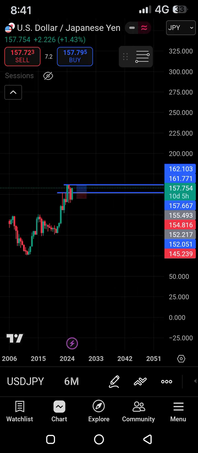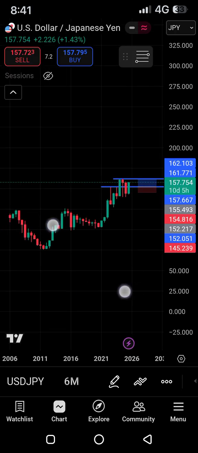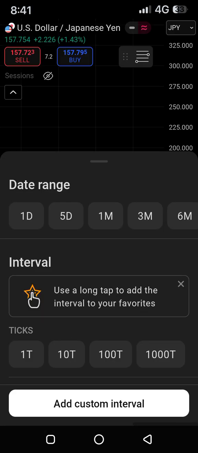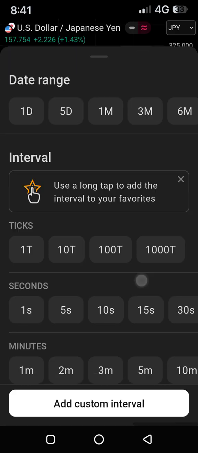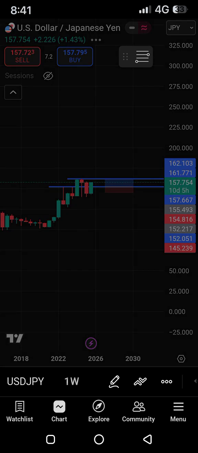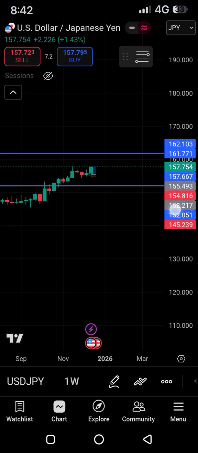We had our movements above, but overall we saw that the market was extremely bullish. So given that information, USD/JPY is going to buy, but I don't just go to that level. So I strip down to the 1 week, so that I can show you guys exactly what's happening right here.